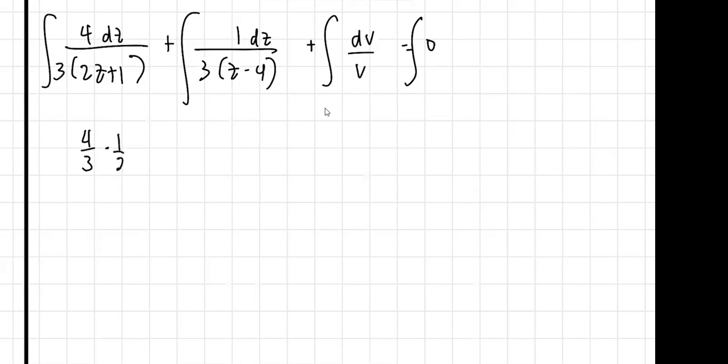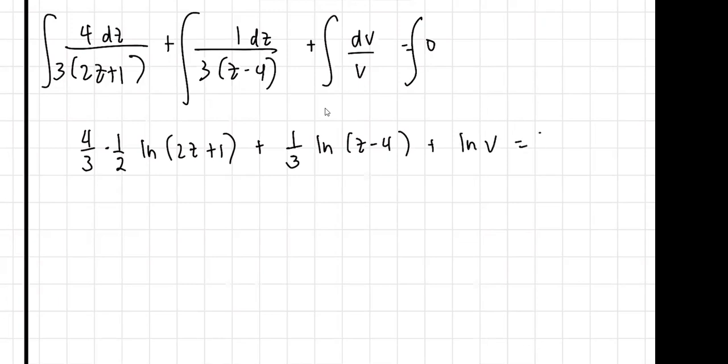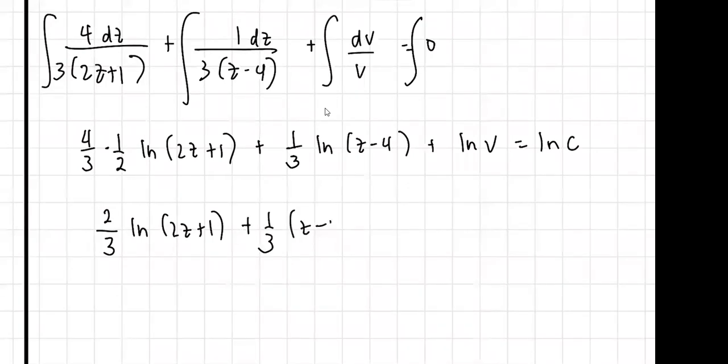So times 1/2 ln 2z plus 1 plus 1/3 ln z minus 4 plus ln v is equals to ln c. So simplify, we have 2/3 ln 2z plus 1 plus 1/3 ln z minus 4 plus ln v. Tapos lipat natin yung ln c is equals to 0.